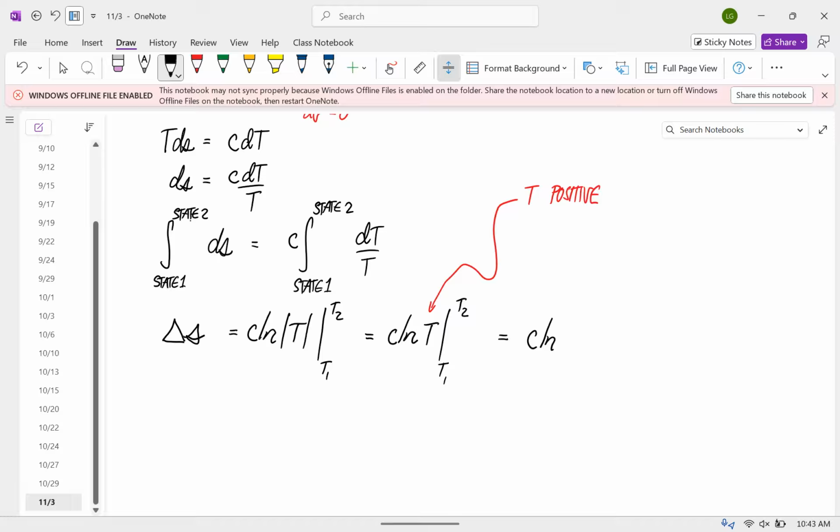And then the log rules say that we can write it like this, T2 over T1.